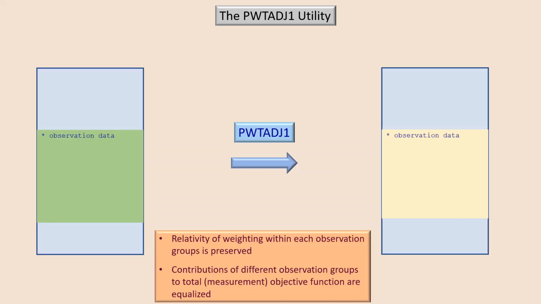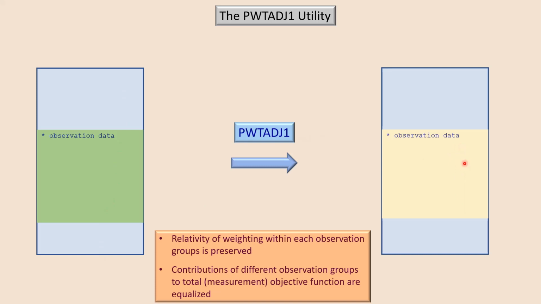So the way it works is that I've got a PEST control file. I run PWT-ADJ1 and that builds a new PEST control file. In that new PEST control file, the weights are changed.